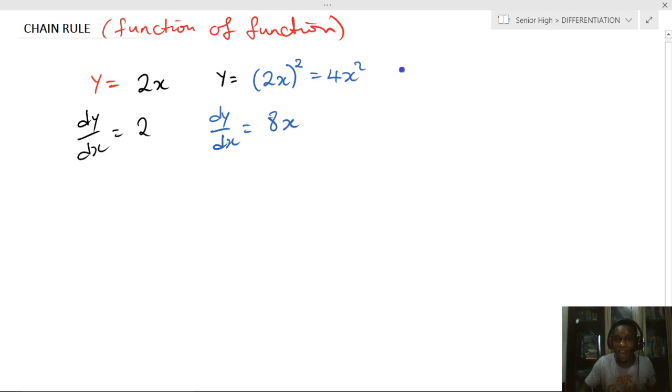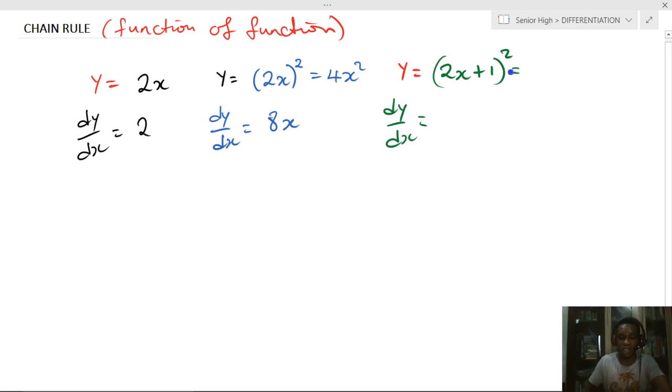Then what if our y is equal to 2x plus 1 raised to the power of 2? Then our dy dx will be equal to what? The first thing you have to do is open this bracket, and then you solve it.